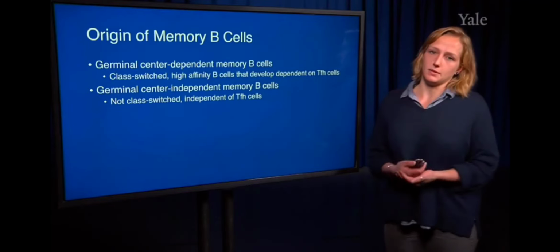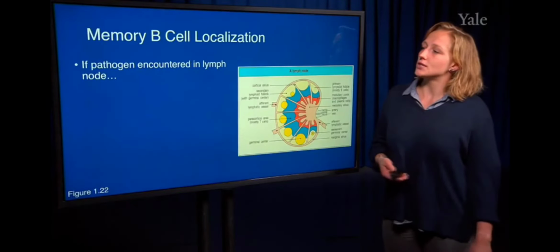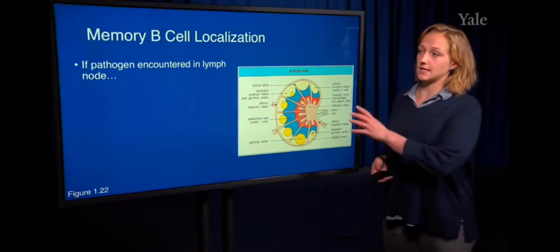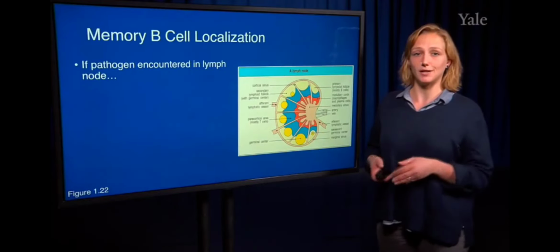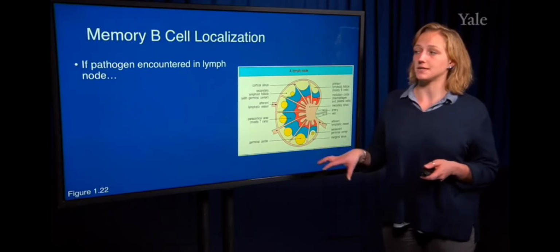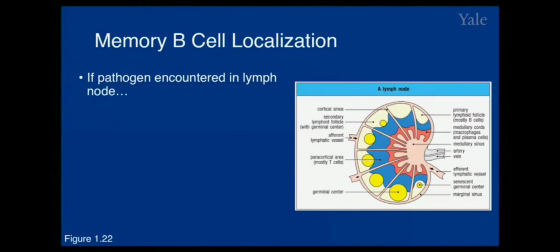Now that we've talked about the origin, let's talk about where these memory B cells hang out. So first, if we have a pathogen that's encountered in the lymph node, so again, just as a reminder, pathogens are presented in lymph nodes if they're encountered in the tissue. So pathogens that infect a tissue will then be presented in lymph nodes.